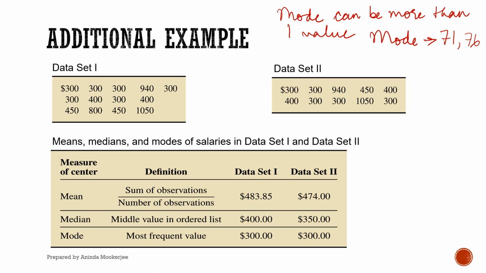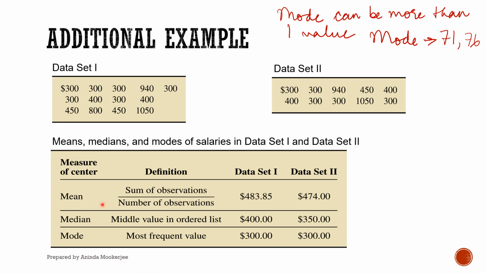So now let's look at this additional example here. We have two data sets, all right, different values. In fact, the total number of values n in each of these data sets are different. Here we have 4 times 3, 12 plus 1, 13, right? We have 13 data points in set 1, and we have 10 data points in set 2.